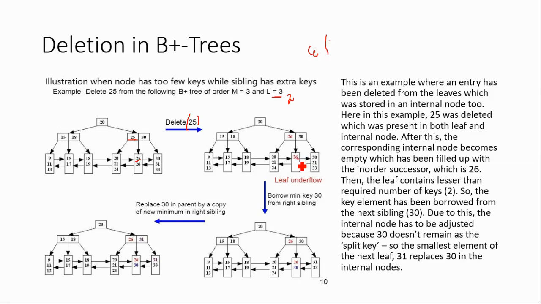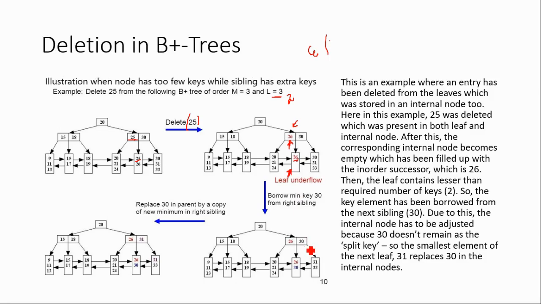Now the in-order successor of 25 in the list was 26. So they have copied 26 in place of 25. They have removed 25, and in the internal node that contained 25 they have put 26. Now this particular leaf contains one element only.